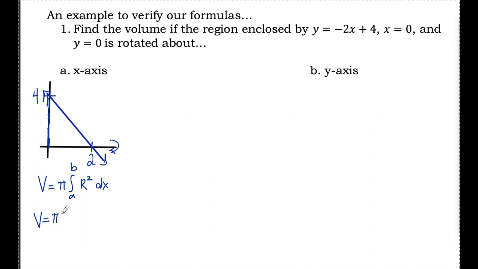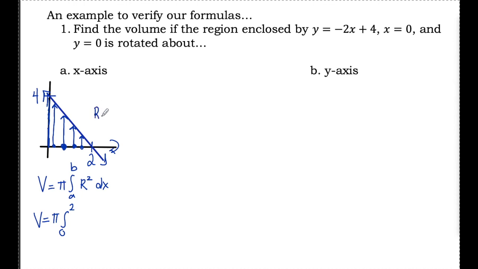So at this point, I have pi times the integral from 0 to 2, and now I need to figure out what r is. Capital R will always be the distance from the axis of rotation to the farthest side of the bounded region. No matter where I draw in this radius, it's always going to be the distance from the x-axis to the line. That's not always going to be the case, but this one specifically, that's the way that it's looking.